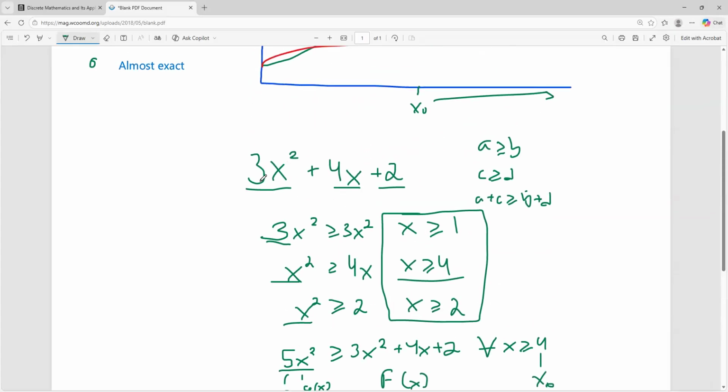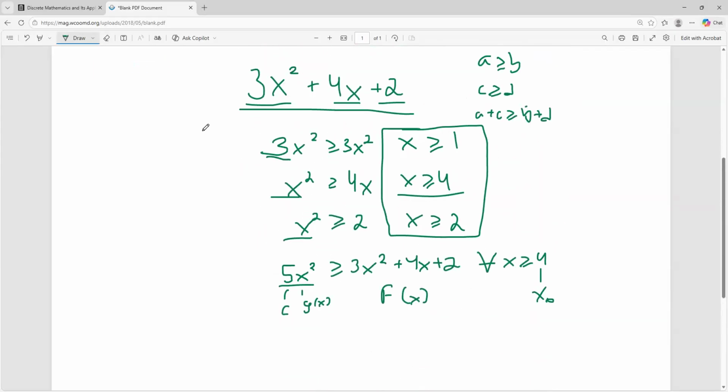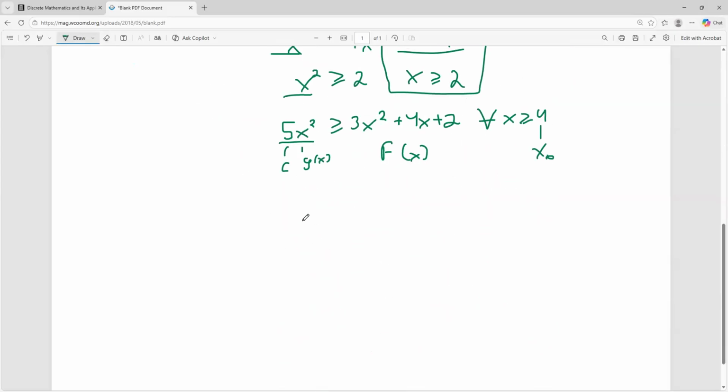So now we just proved that this function, f of x, is big O of x squared. So let me write this right here: f of x is big O of x squared, where c is equal to 5 and x0 is 4.